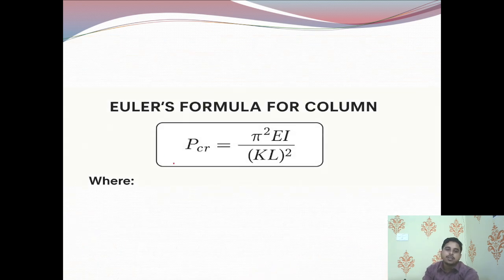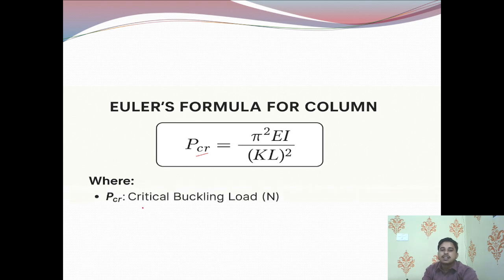And this is the famous Euler's formula, which is P subscript CR equal to pi square EI divided by KL whole square. And what is the importance of these terms? Here, PCR is the critical load. We will introduce the crippling load later, but mind it, PCR is the critical buckling load in Newtons. E, as you know, is the modulus of elasticity in Pascals.